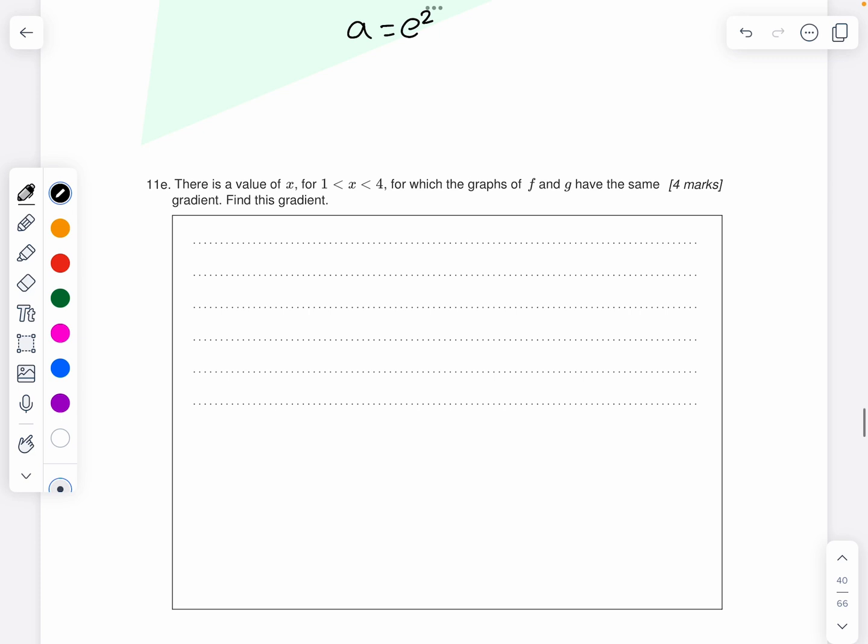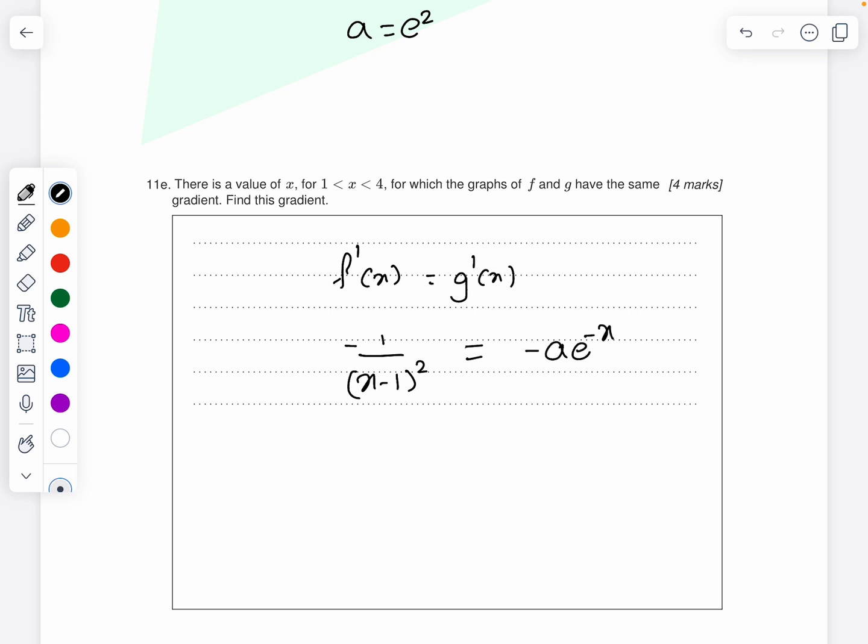There is a value of x between 1 and 4 for which the graphs of f and g have the same gradient. Find the gradient. So f prime x equals g prime x. f prime x is minus 1 divided by x minus 1 whole square, equals minus a e power minus x.